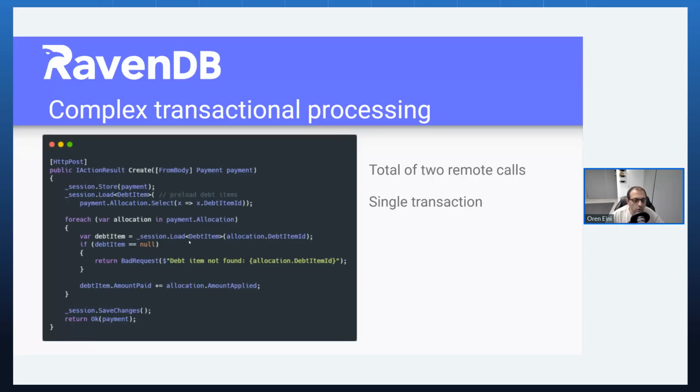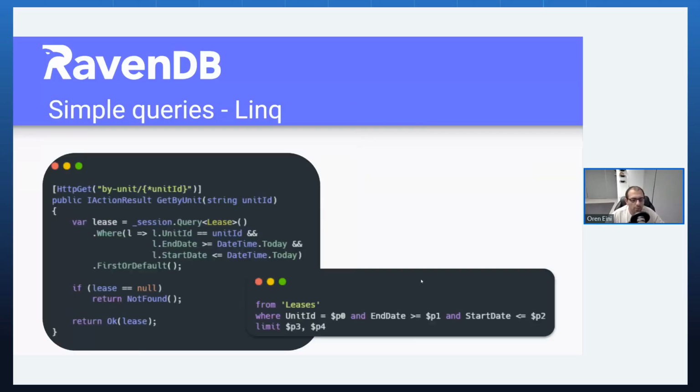And this does not go to the server because I already preloaded that. And then I modify this. This is already stored, and everything is being saved in a single transaction to the database. All of this code results in two remote calls. That's it.